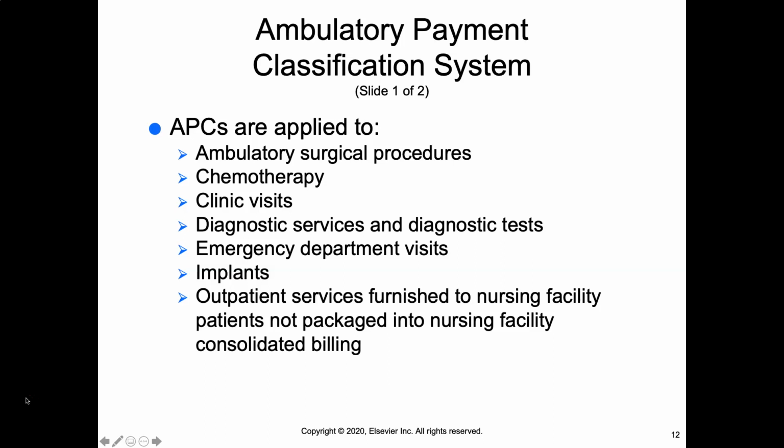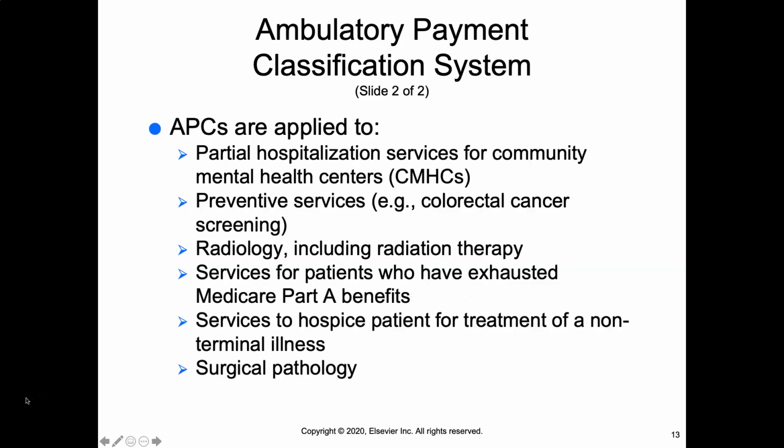So APCs are applied to ambulatory surgery center procedures, chemotherapy, clinic visits, diagnostic services and diagnostic tests, ED visits, implants, outpatient services that are furnished to a nursing home facility that are not packaged into the nursing home facility's consolidated billing.